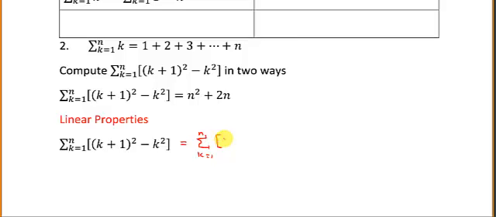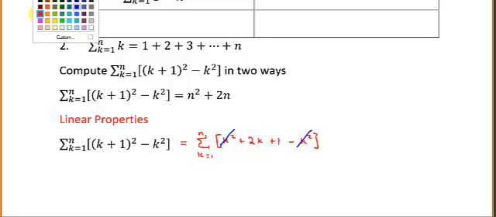If I square it, it's going to be k squared plus 2k plus 1, and I'll be subtracting k squared. So of course the k squareds subtract off, and I'm simply left with the sum as k goes from 1 to n of 2k plus 1.